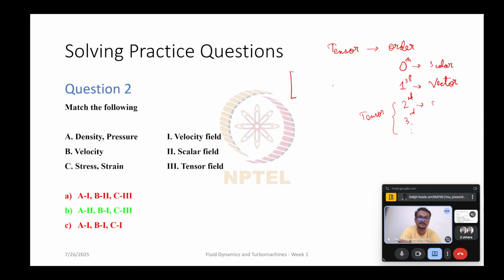So in that case, there are three things now. One is, of course, the magnitude. Second is the direction, and the third new one is the orientation, as in a cuboidal element in a Cartesian frame of reference.